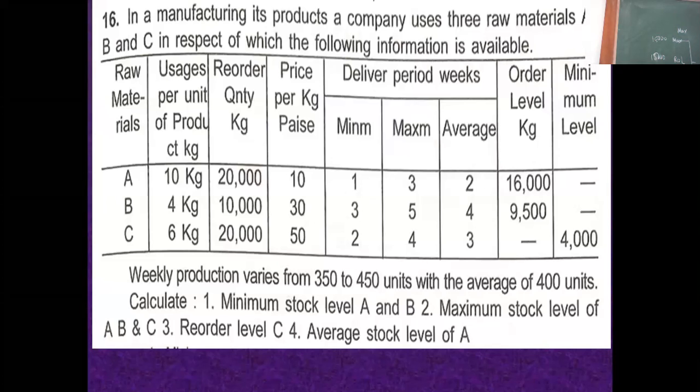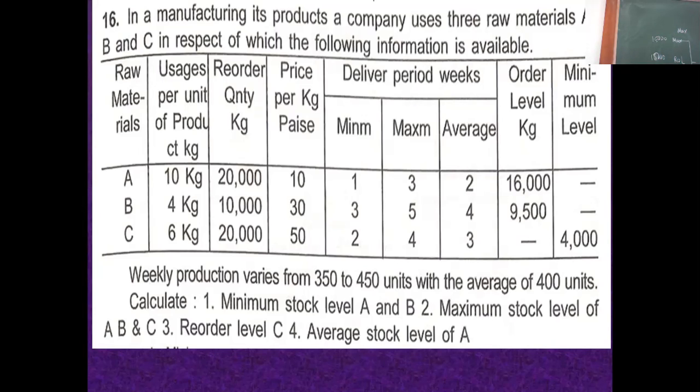You apply the price if you want to express the levels in amount. Delivery period is given, minimum and average, no problem. They directly gave all the requirements. Minimum is there, maximum is there, average period is there. Then reorder level, ROL, is given and minimum stock level is given for you.